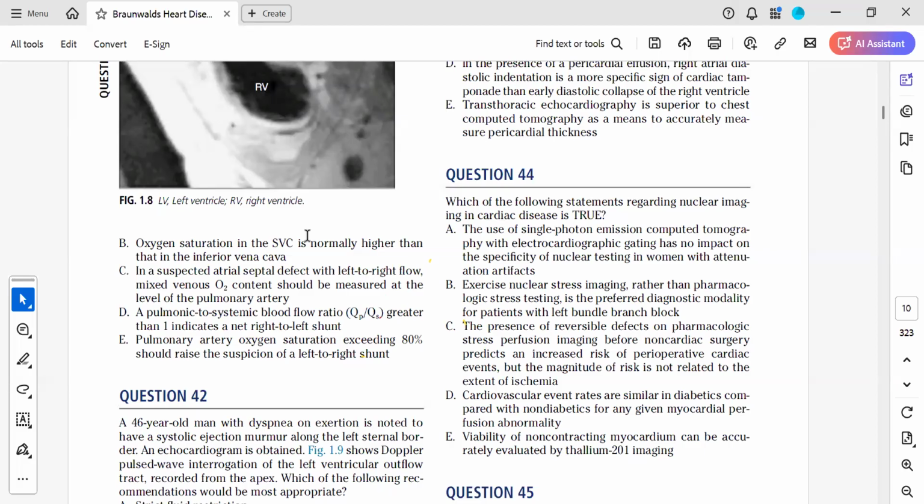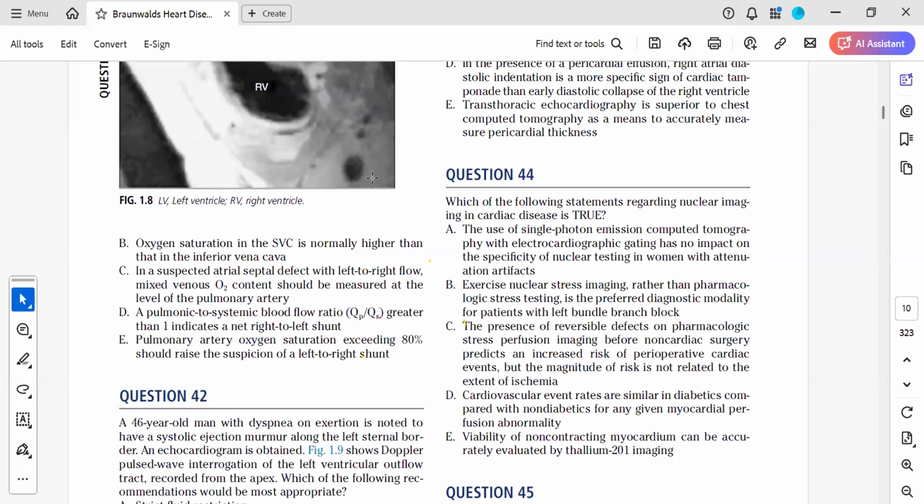So for this question 44, I'm between options C and E. I'm not too sure. I welcome assistance here. I know that thallium 201 is used. Technetium is also used, even though technetium is more effective than thallium, but thallium is still being used. So I can't say that because of that E is false.